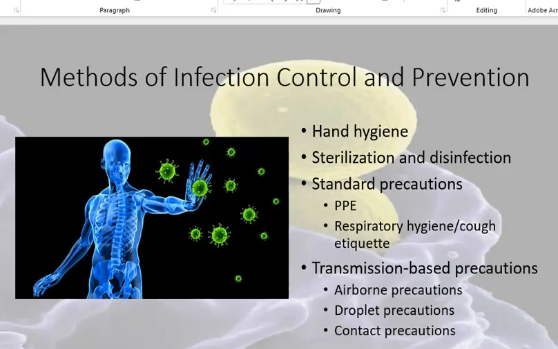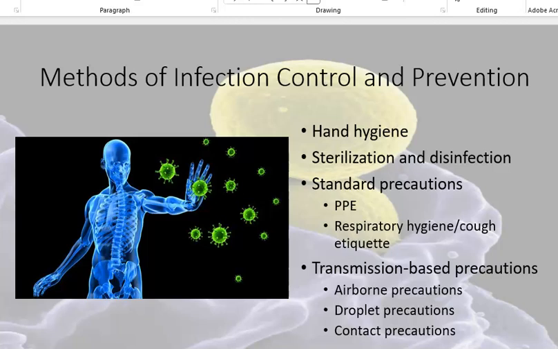The CDC also recommends staff and patient placement and cohorting. Full-time routine staff leads to consistent practice. Placement, private room if airborne precautions, also droplet and contact if possible.